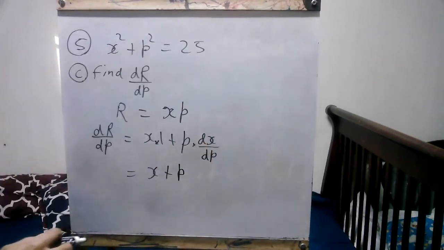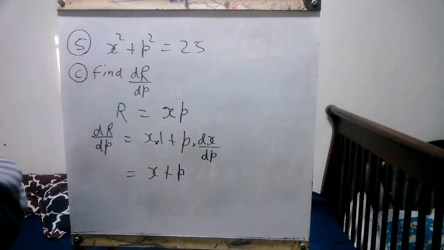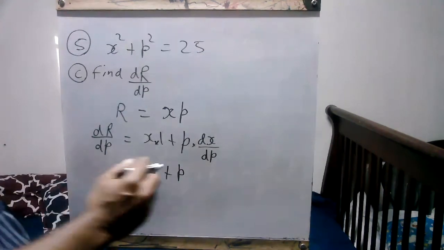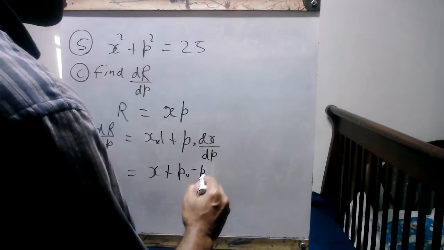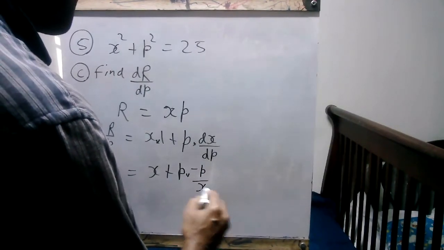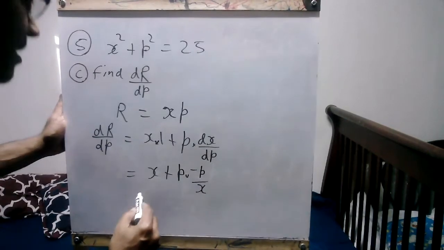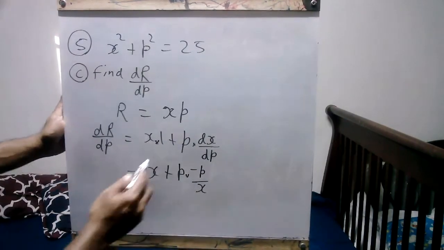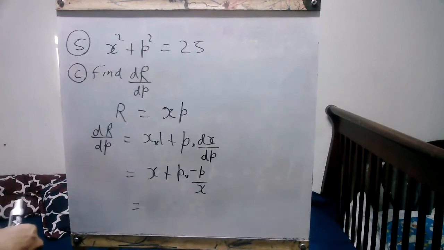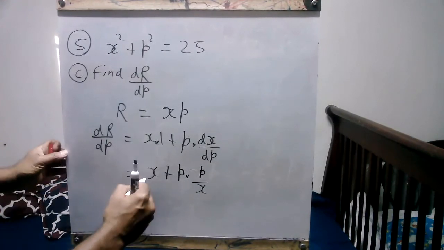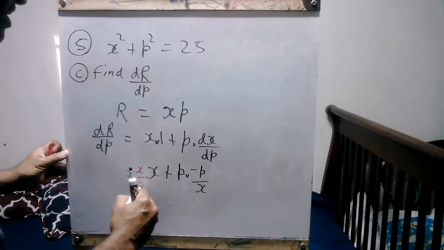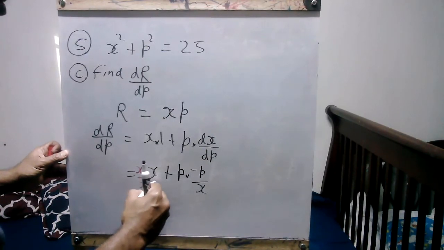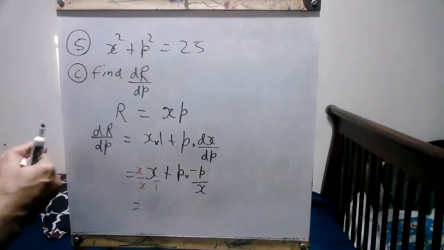We found dx/dp before. dx/dp is negative p over x. Multiply top and bottom by x here, multiply by x and x. Here you have 1 in the denominator.